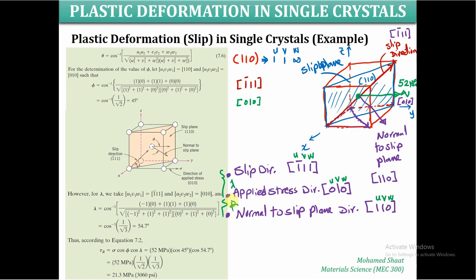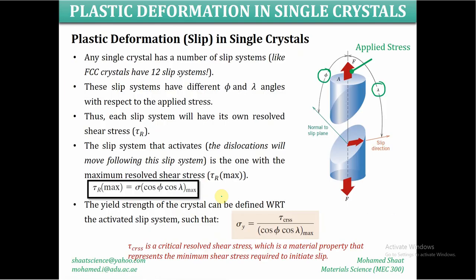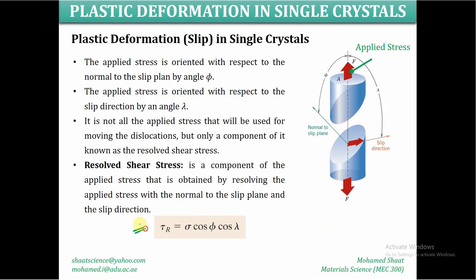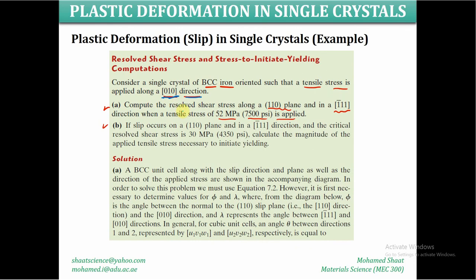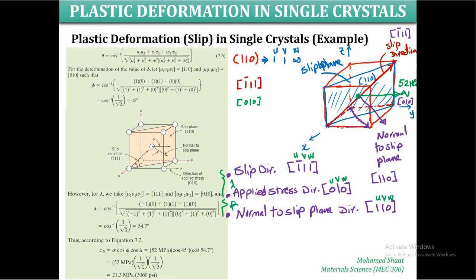Once you calculate these 2 angles, you can directly plug into this expression to calculate the resolved stress, where he already gave us sigma as 52. This gives us the first requirement: to calculate the resolved shear stress, tau r, in case sigma is 52, so we need to calculate phi and lambda first, and this is what we are doing. Make sense?